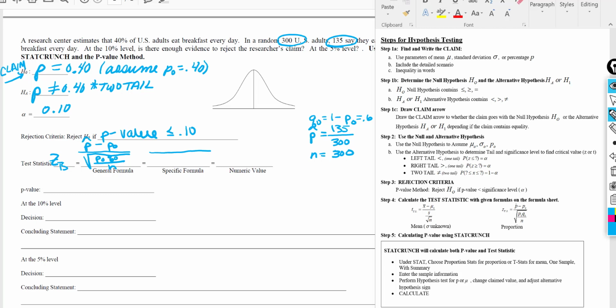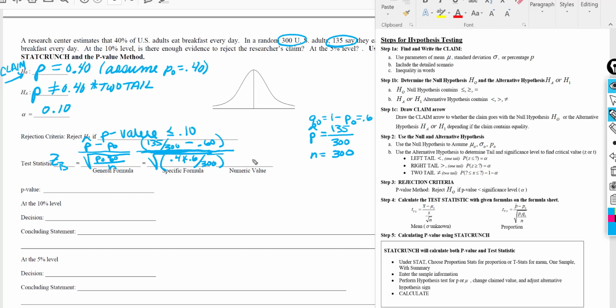P hat, so 135 divided by 300, minus p sub 0. Make sure you put parentheses around the numerator, divided by the square root. I'm going to put parentheses under the radical, p sub 0, which is 0.4, times 0.6, divided by n, and n, remember, is 300. Close my parentheses for the radical.